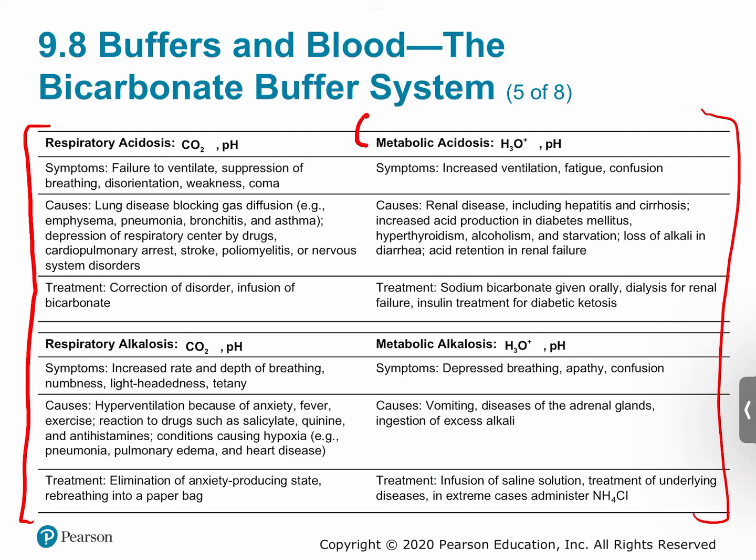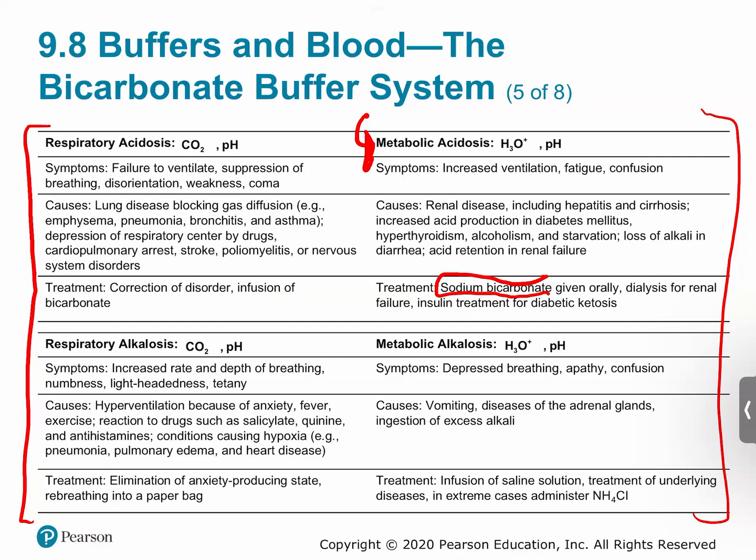Metabolic acidosis is something that happens a lot of times in people with diabetes, for example, and even with renal disease, hepatitis and cirrhosis. It can be treated, like I said, with sodium bicarbonate. So you're treating that acidosis with a base.